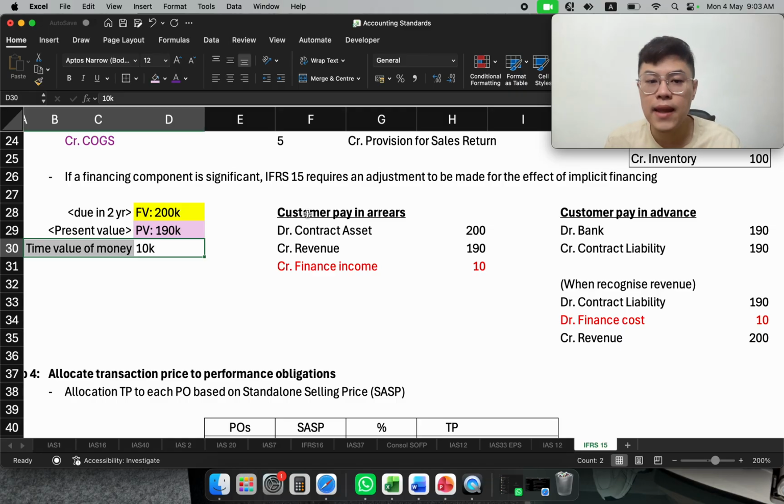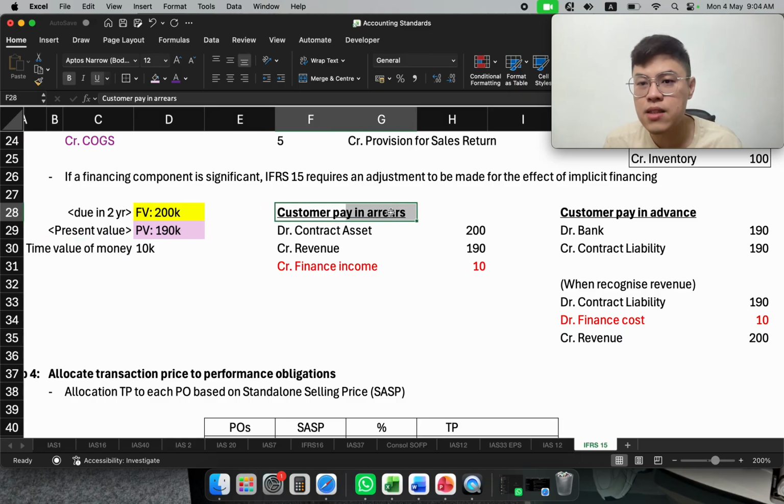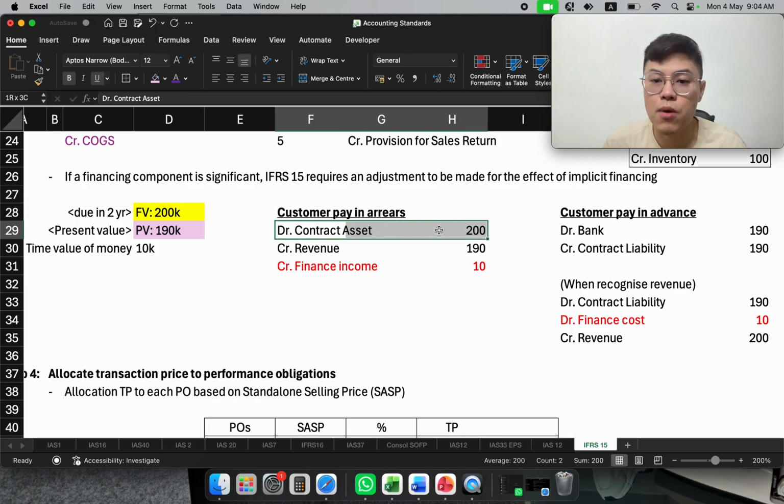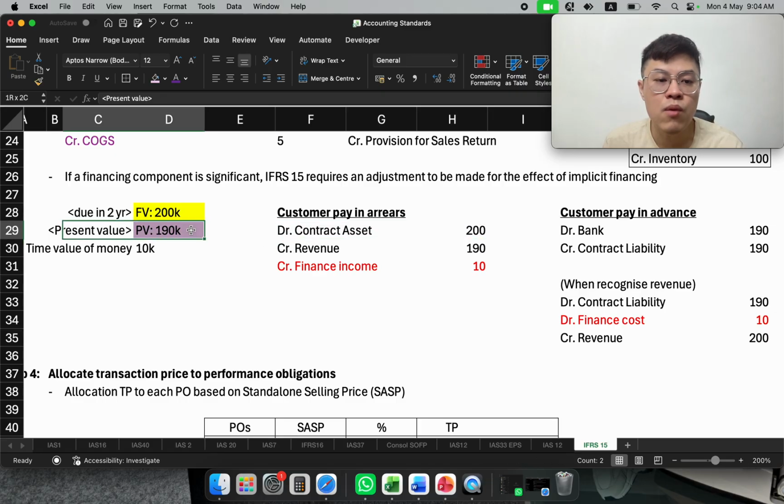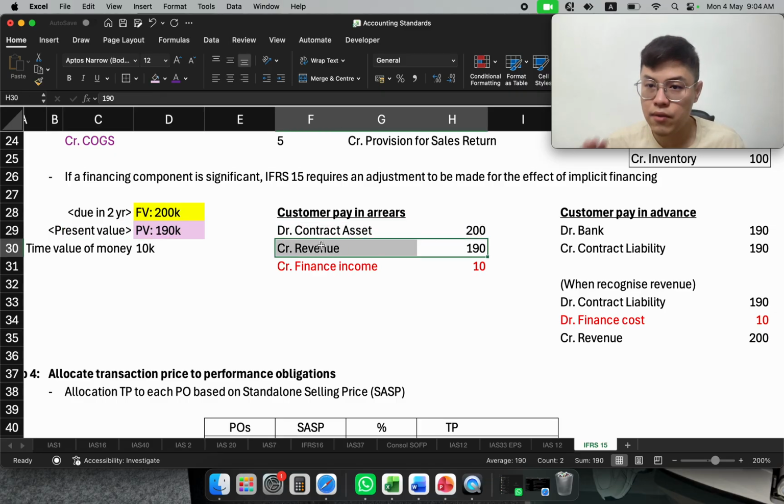So if the customer is paying money in arrears, meaning they only pay us a few years later, we will debit contract asset. Since it's more than 1 year, we assume debit contract asset 200,000, for example, and we will credit the revenue only 190, meaning if I complete the task now, how much is my real value according to the present value.